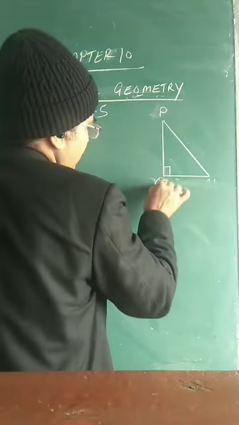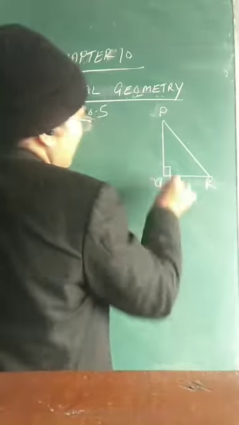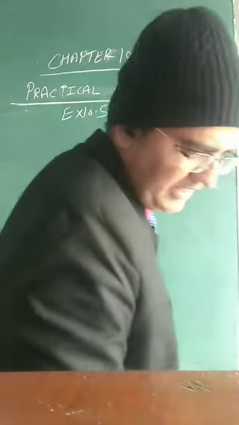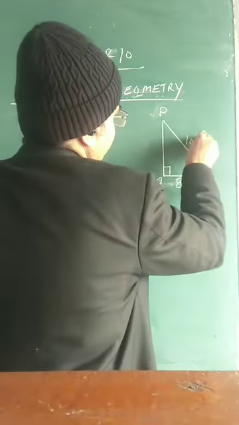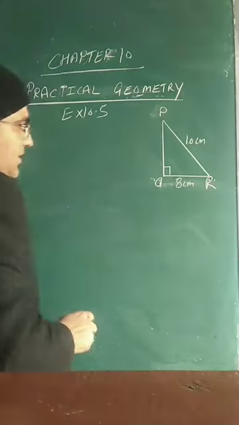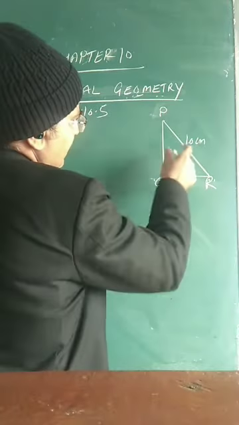So PQR, this angle is 90 degree. Then they are saying QR is equal to 8 centimeter, and PR is equal to 10 centimeter. So again, in the right angle triangle, the base is given and the hypotenuse is given.